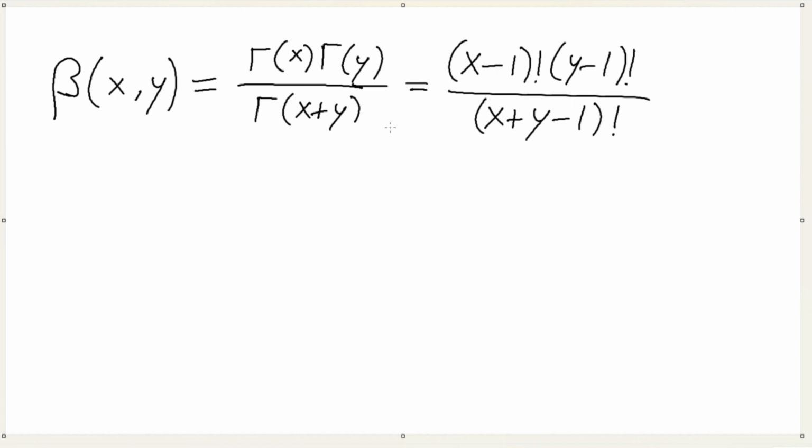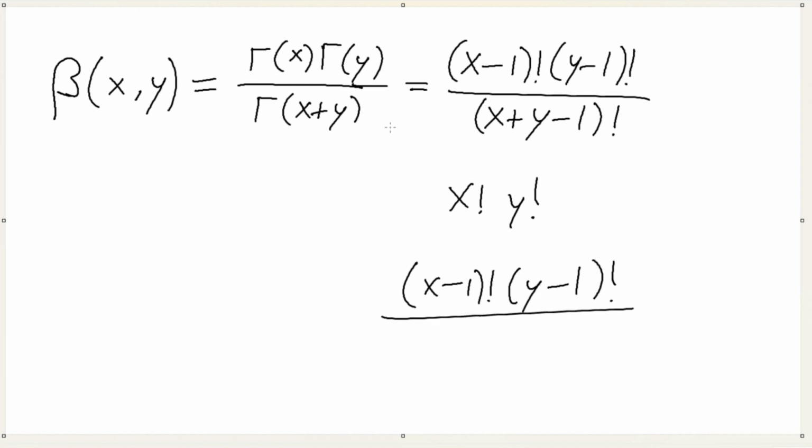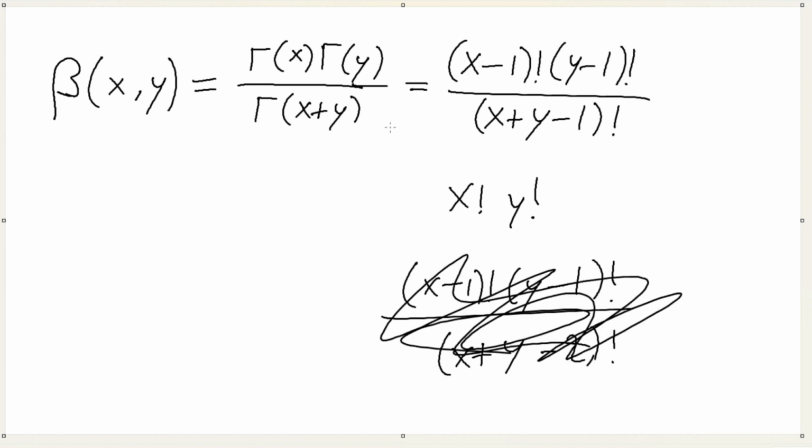So with all these minus 1s in the factorial definition, if you don't memorize it by heart, you can screw yourself up by thinking, oh, it's x factorial, y factorial, or oh, I remember it's x minus 1 factorial, y minus 1 factorial, but then wait, is the bottom x minus 1, y minus 1 factorial? So minus 2 factorial, and so on, and you get mixed up, and it's terrible.